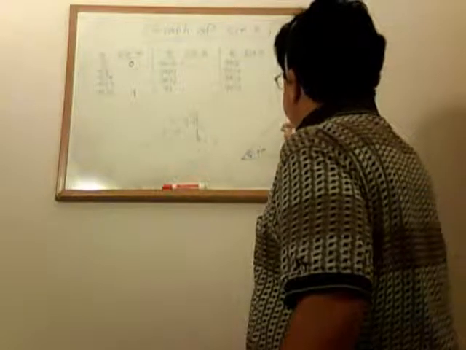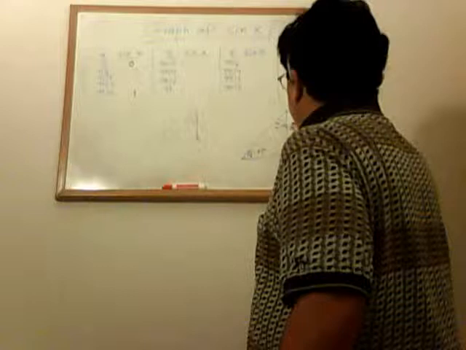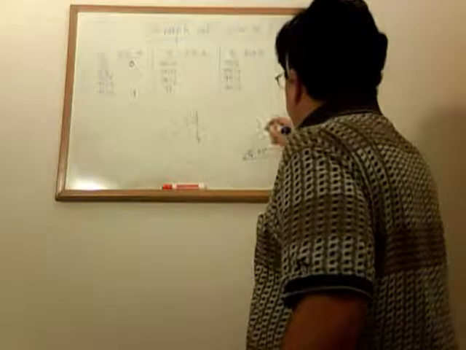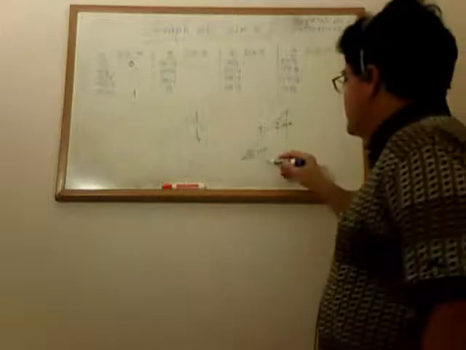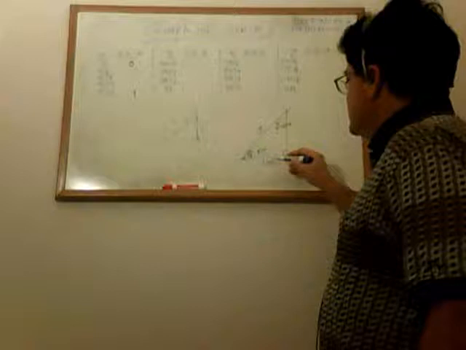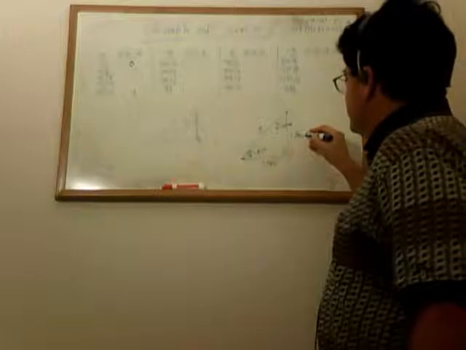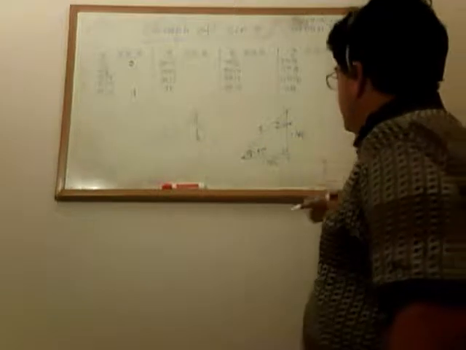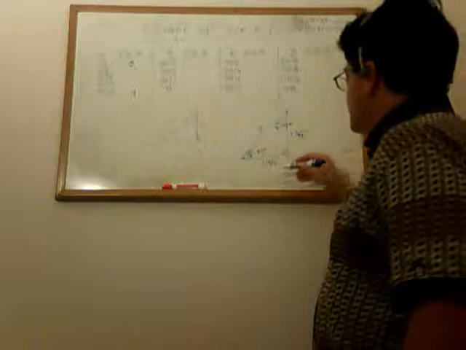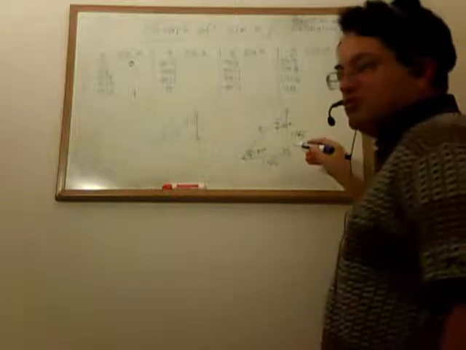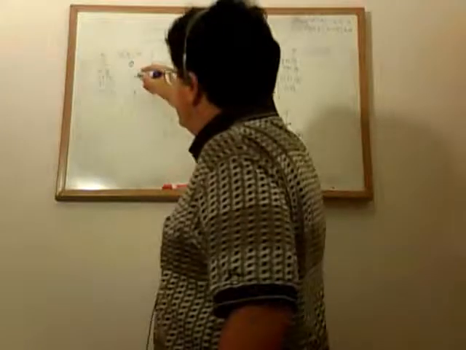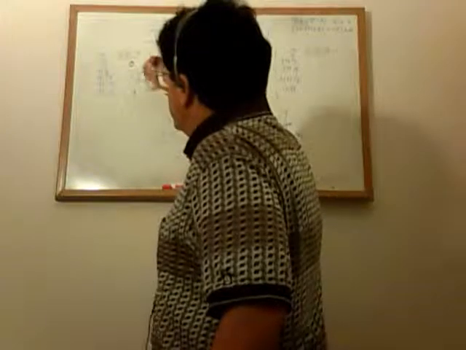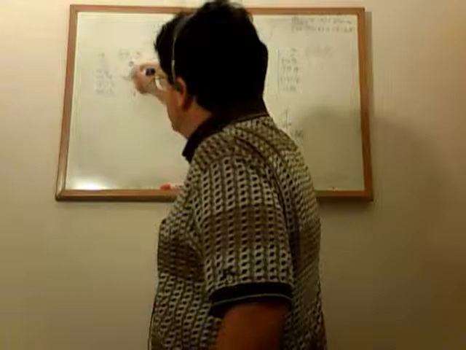If the hypotenuse is 1, then by the Pythagorean theorem, the legs each have length 1 over square root of 2, because 1 over square root of 2 squared plus 1 over square root of 2 squared equals 1. So this is 1 over square root of 2, or if you like, square root of 2 over 2. Same thing.